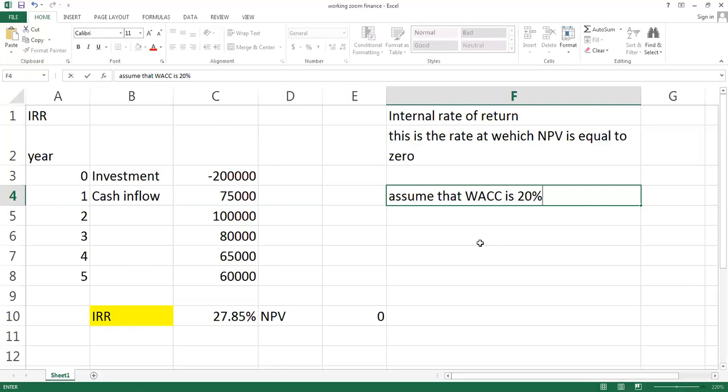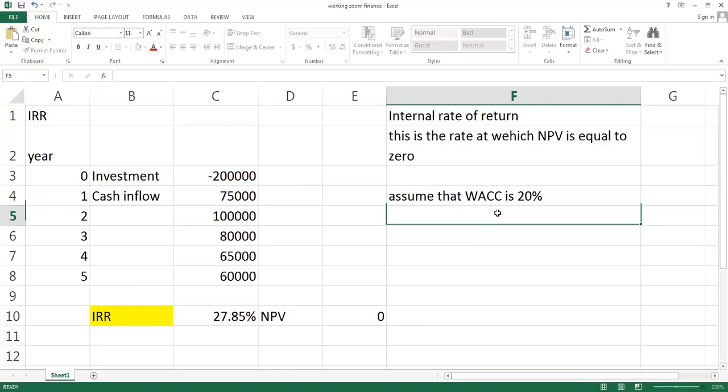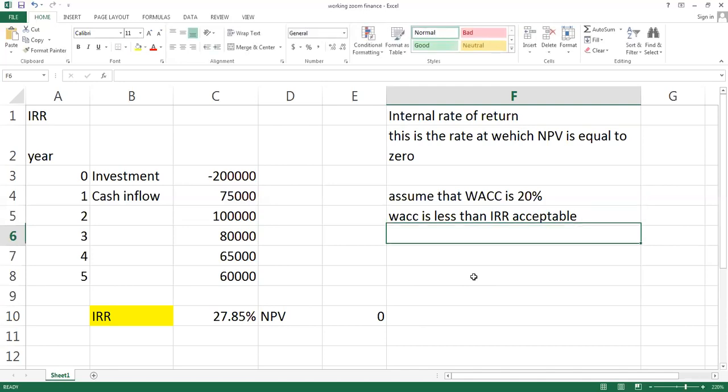So the question is, if cost of capital or WACC is 20%, then whether this project is giving you a profitable investment option or not. So remember that if WACC is less than IRR, then project is acceptable. So this is the criteria we use.